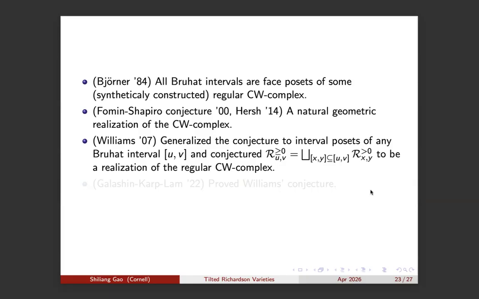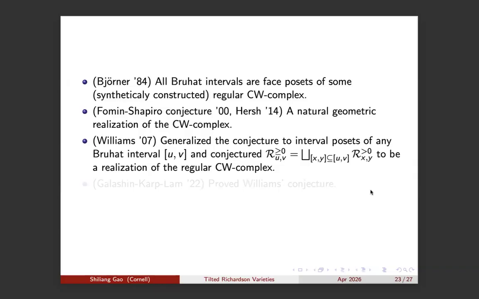So now we have a poset whose elements are these Bruhat intervals, with order given by containment. And here you have to throw in a zero as the smallest element.